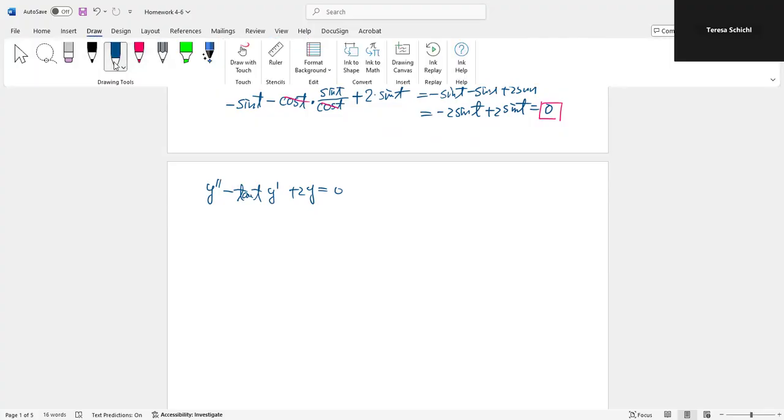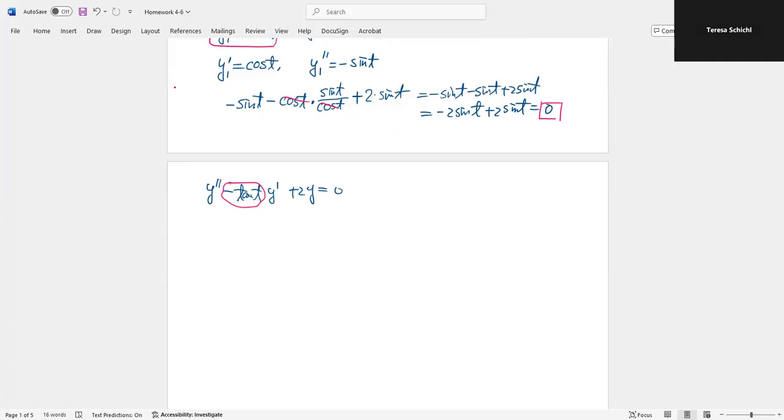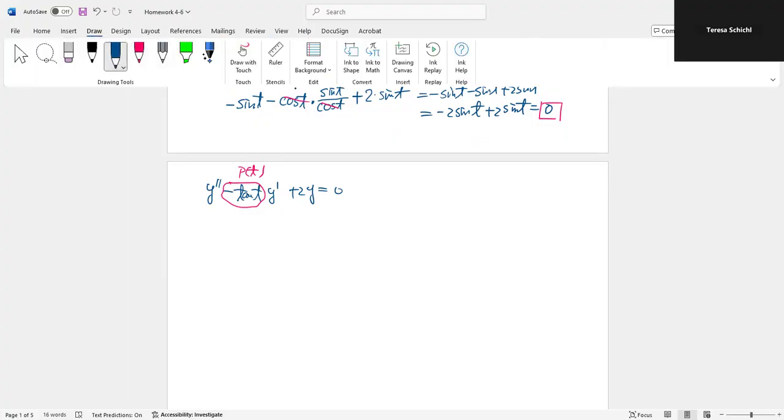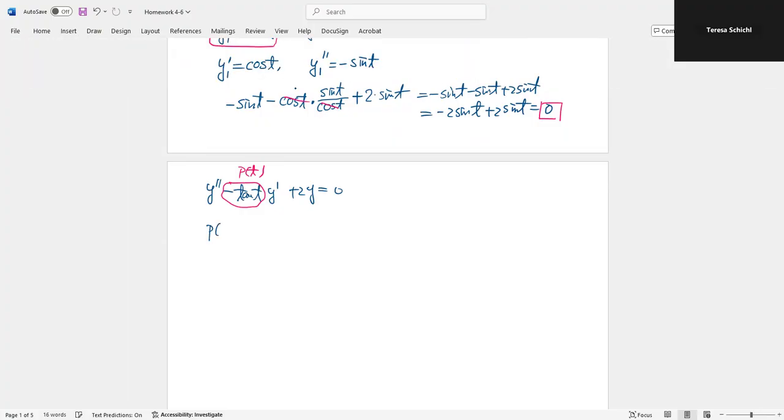So this negative tangent t, I can treat as my p(t) here. So I would say my p(t) is equal to negative tangent t. Okay, so now I'm going to use the Abel formula.